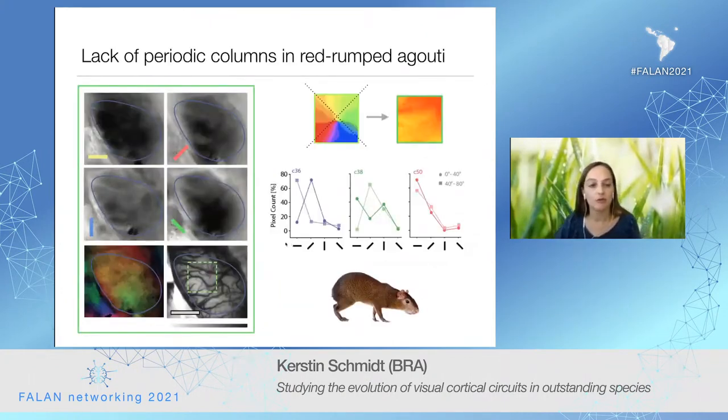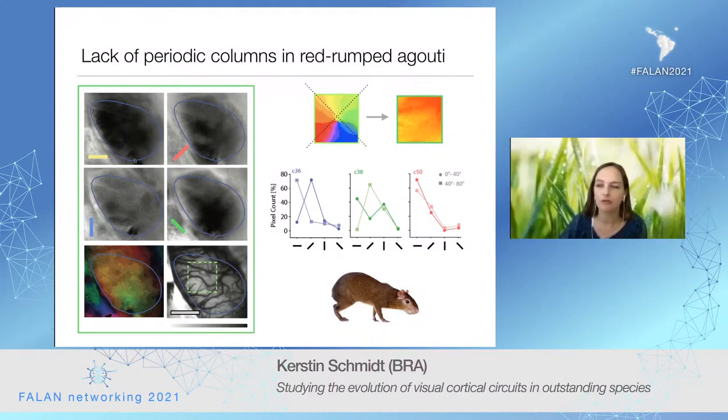However, when we started to do imaging on these animals and try to visualize the orientation preference map produced by the stimulation of contours of a certain orientation, we observed that cortex responds very well because neurons are orientation selective.